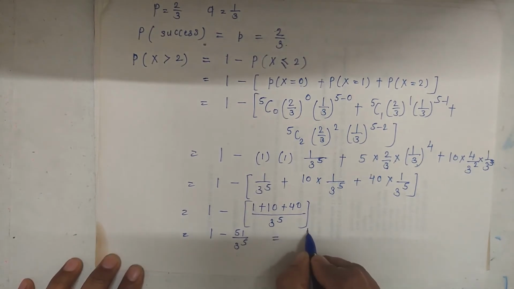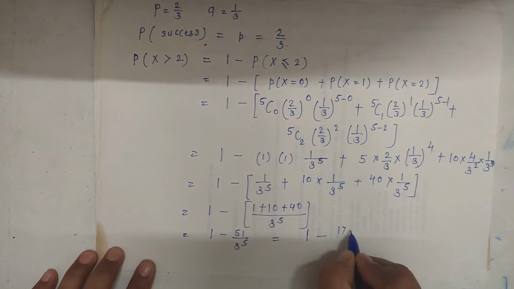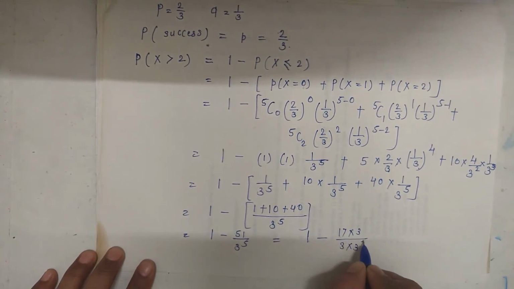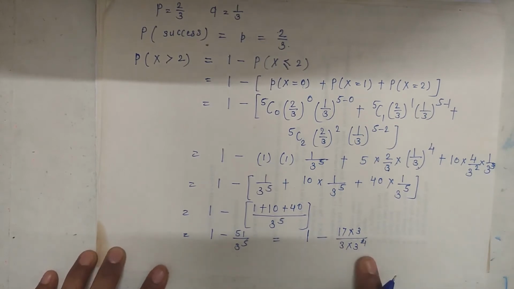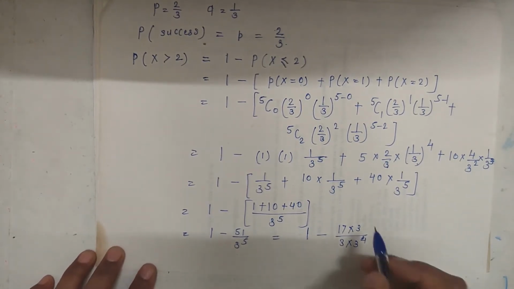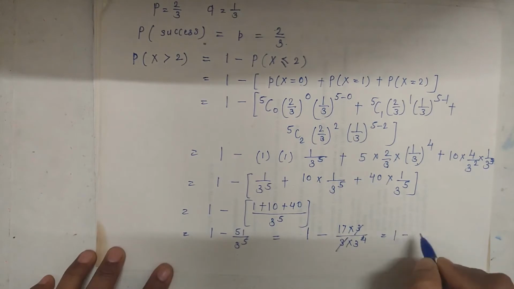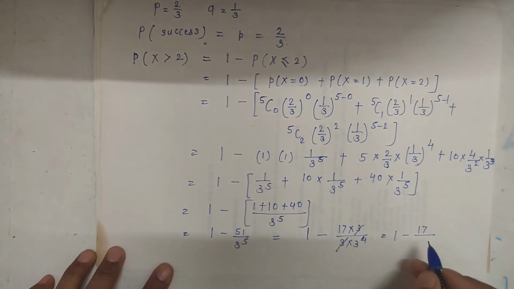1 minus, the factors of 51 is 17 into 3, upon 3 into 3 raised to 4, by distributing 3 raised to 5 as 3 into 3 raised to 4. So one factor will be cancelled and we get 1 minus 17 upon 3 raised to 4, whose value is 81.